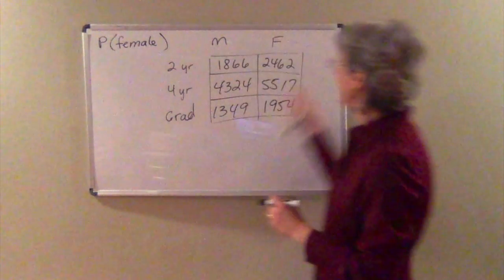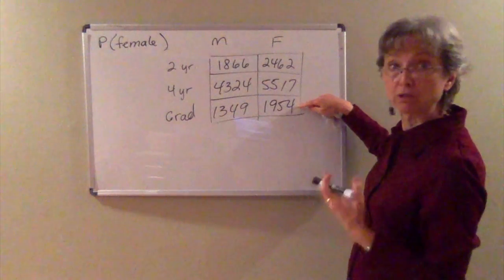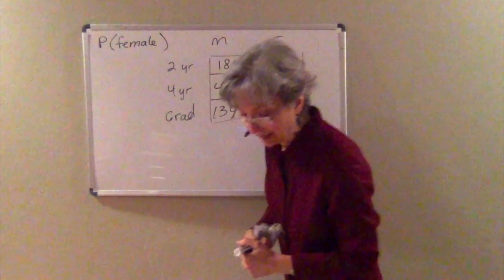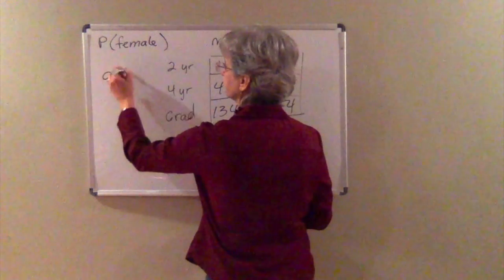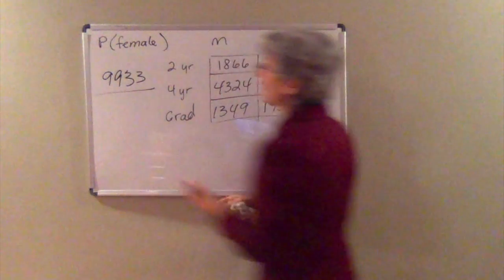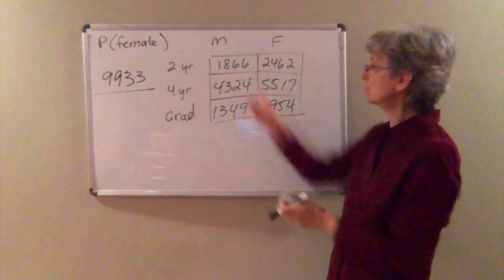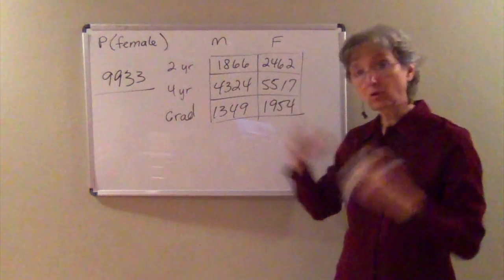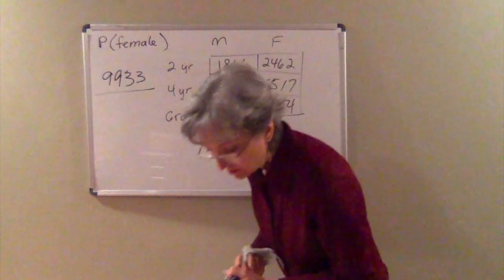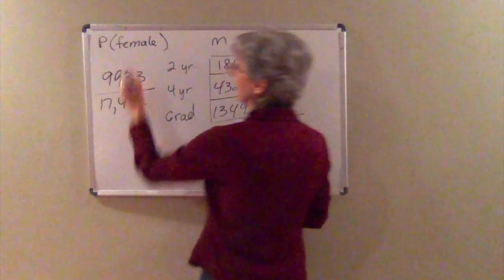You have to add all of these three numbers to get your top number, the total number of females, which is going to be 9933. And that's going to be divided by all of the college students in total. So you need to add all six of these numbers up to get the total number of students, which is 17,472.